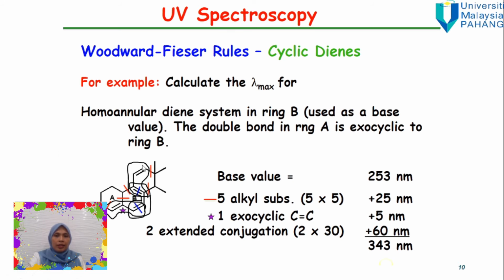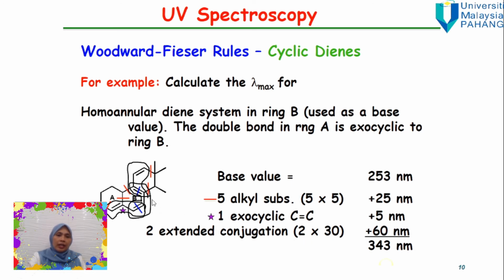They have 2 homoannular here. You can select either here or here. So the homoannular base is 253. If you select this homoannular as the base, the others are considered as extended conjugation. The other 2 shapes are considered as extended conjugation. So 2 extended conjugations times 30 becomes 60.